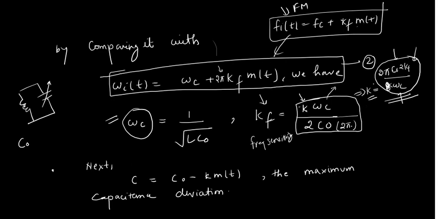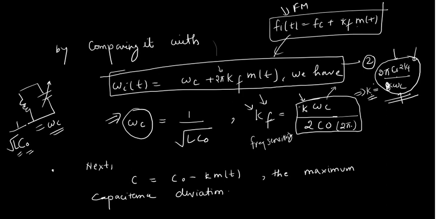You must choose it such that the free running frequency of your oscillator is equal to the carrier frequency, and you have to choose your L and C naught accordingly. Similarly, if I give you the frequency sensitivity, then you have to choose the value of K in accordance with this equation, so that you can generate an FM signal of specific parameters.